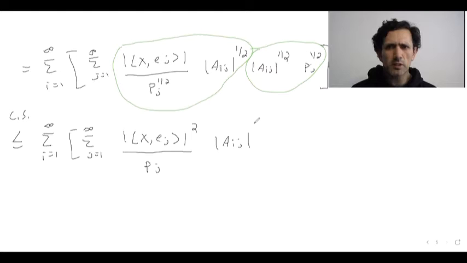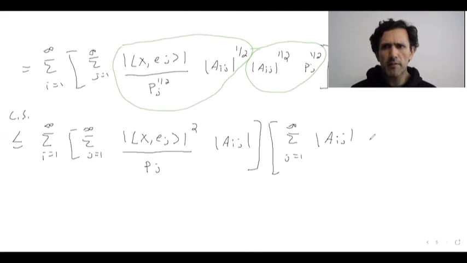|a_ij| modulus times this sum here, a_ij squared, well, the square gets rid of the 1/2, p_j. And that's good because I know the sum here, a_ij p_j.